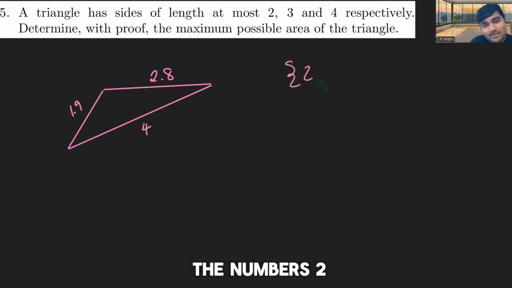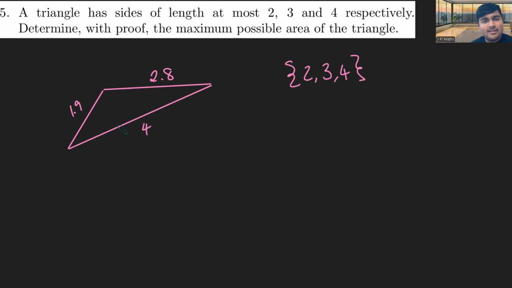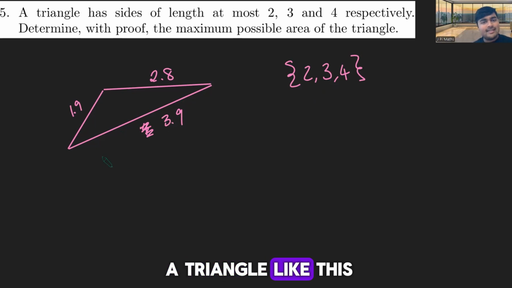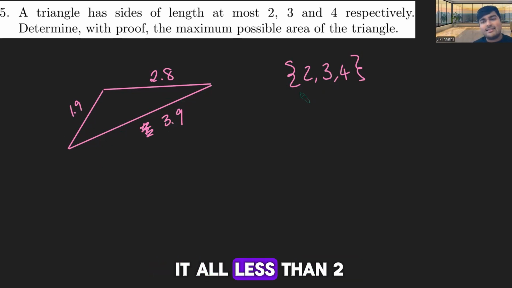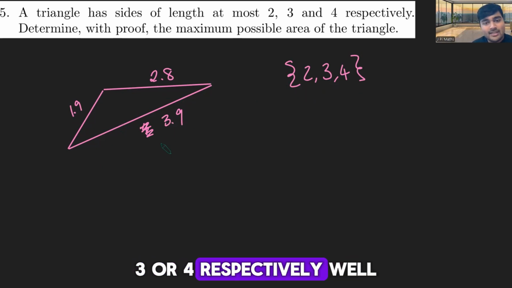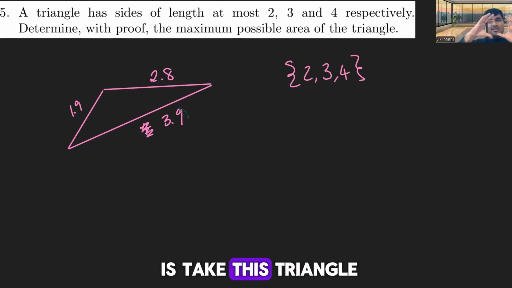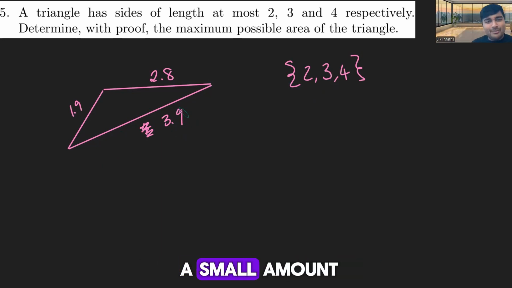Firstly, let's just write out the numbers 2, 3, 4 in a set like this. Now, I argue that at least one of the sides of the triangle has to be one of these numbers here. Hopefully that's pretty clear. If it isn't the case, say I had a triangle where the side lengths are all less than 2, 3, or 4, respectively, well, what I could do is take this triangle and scale it up a small amount.